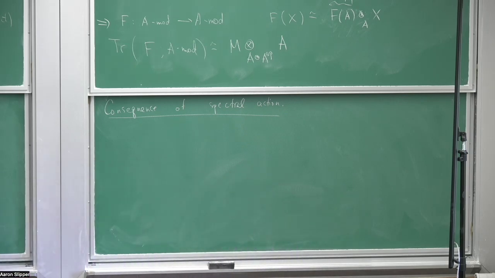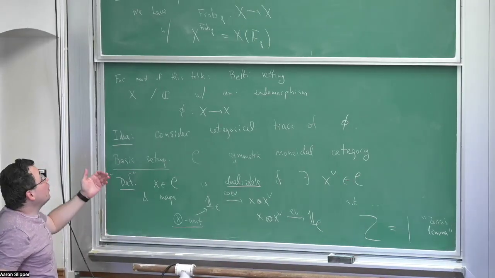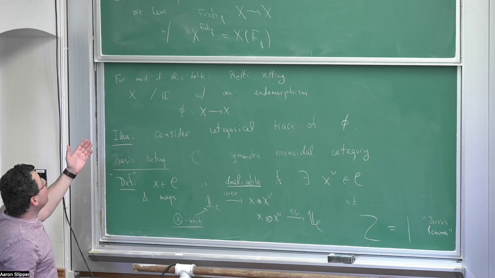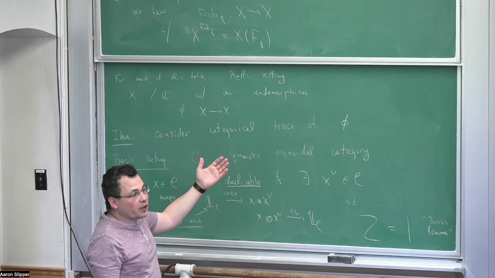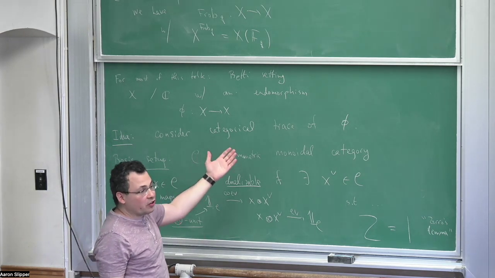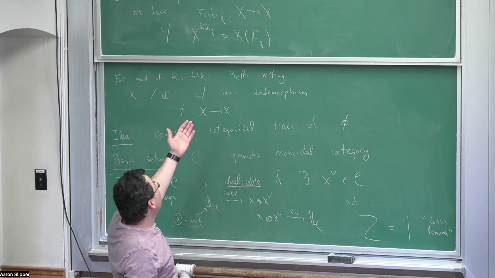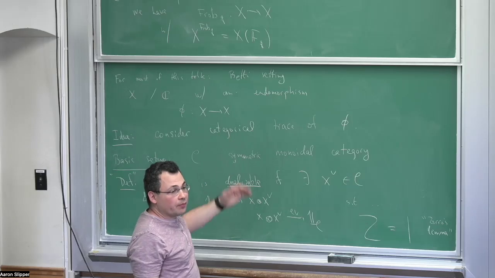Let me go back for a minute to the function field setting, really this restricted setting. If X is defined over F_q, then X has an endomorphism. That endomorphism induces an endomorphism of all the corresponding moduli spaces by transfer of structure, and that induces an endomorphism of the corresponding categories compatibly.